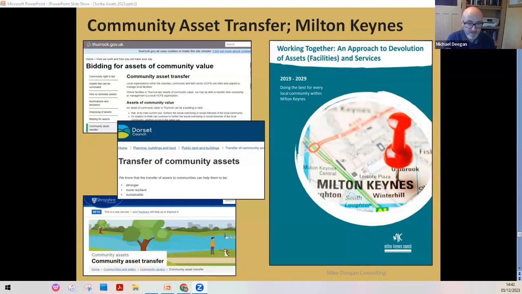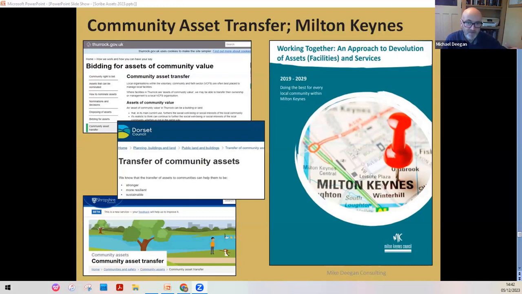It's sometimes confused with the community right to bid, but in fact, it often runs in tandem. This is the transfer of ownership or management of publicly owned assets. It's a very proactive process entered into by public bodies to transfer community assets at less than the highest obtainable market value, and a range of agreements can be entered into.